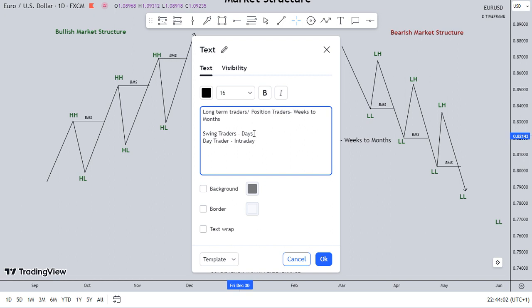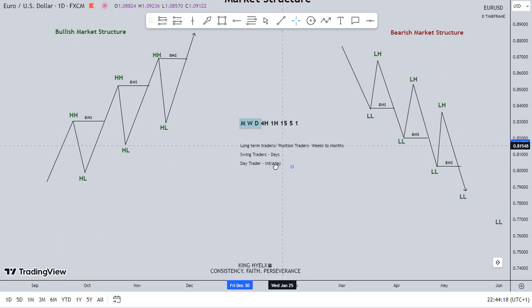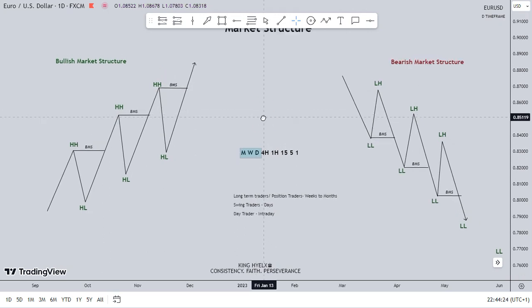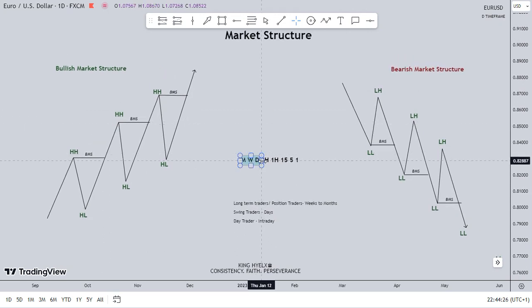So these days, it can be 2 days, it can be 3 days, it can be 4 days, it can be 5 days, right? That is swing trading. When you're a long-term trader or position trader, you're trading weeks to months, right? So of course you'd want to know what's happening in the higher time frame to do your analysis around that, right?